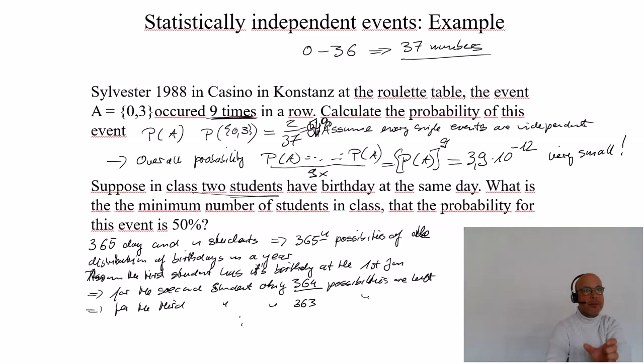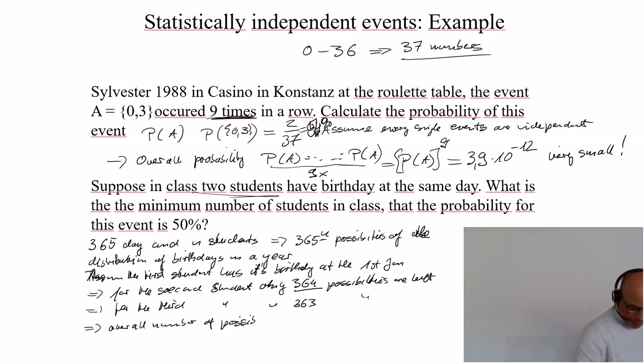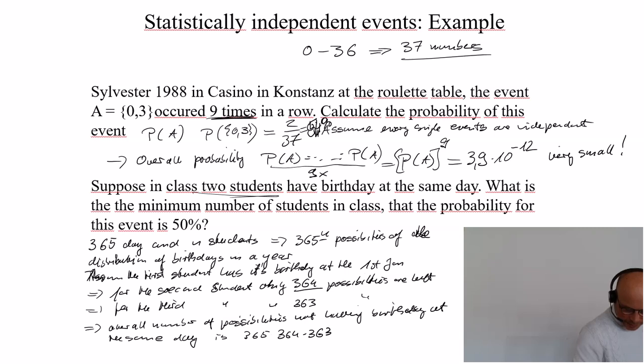So then the overall number of possibilities of not having a birthday on the same day as some person who is already in class is 365 times 364 times 363 and so on, up to 365 minus n.